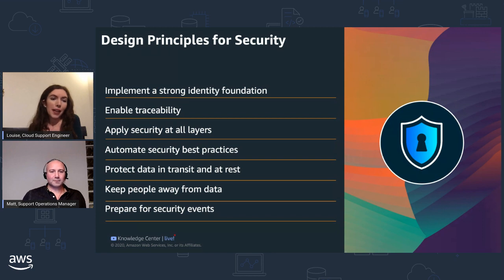So yeah, the next one then would be enable traceability. Even with a strong identity foundation in place, logging all activity in your environment is still very important to know basically who's doing what in your account, whether it's for auditing or troubleshooting purposes, or in case of maybe a security breach.